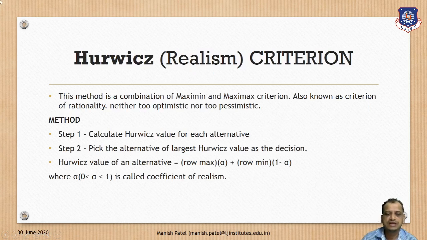What about the Hurwitz criterion? This criterion is a combination of maximin and maximax, also known as the rationality criterion. It works in between, neither too optimistic nor too pessimistic. In this method, you first find the Hurwitz value, which is rho maximum times alpha plus rho minimum times 1 minus alpha.